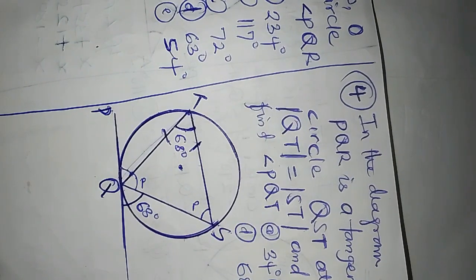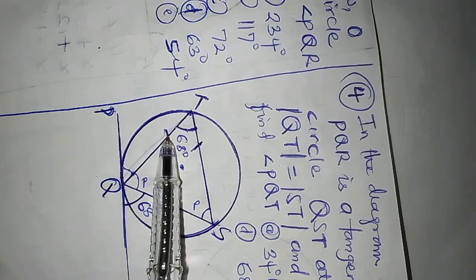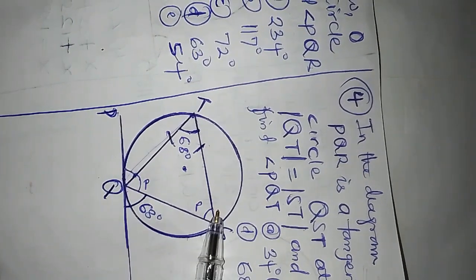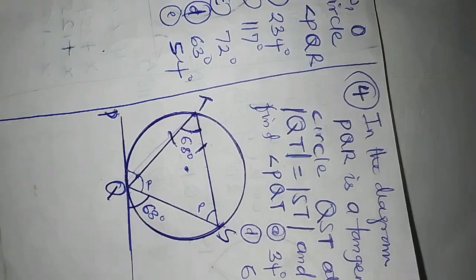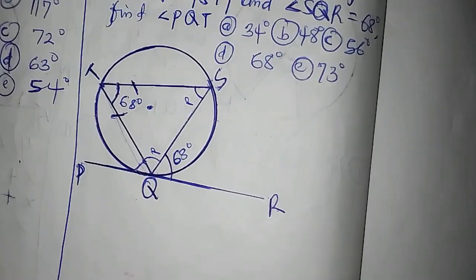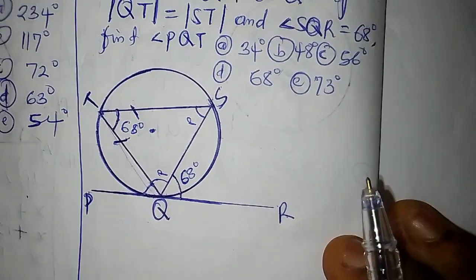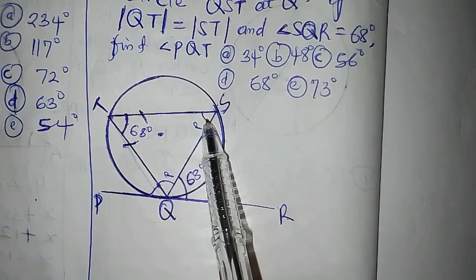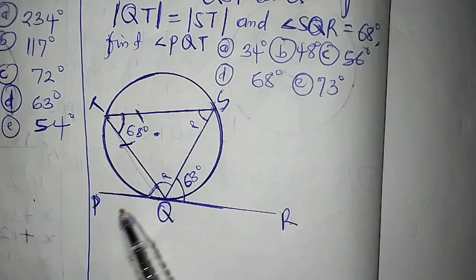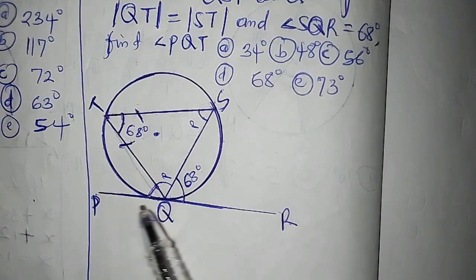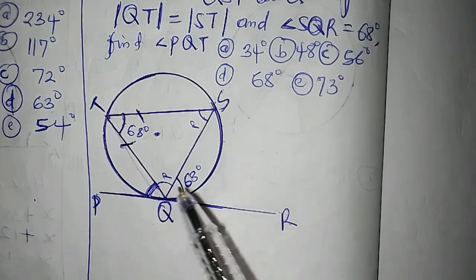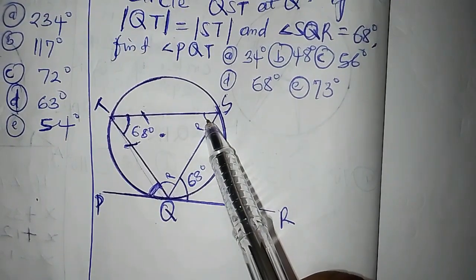So by the isosceles triangle theorem, two sides are equal and the base angles are also what? Equal. Now check something very well before I proceed to get the value of P. Check this. If this angle is P, can you see that it is equal to this angle here, angle PQT, because this angle here is equal to the angle in the alternate segment. You can see that, very interesting to see.